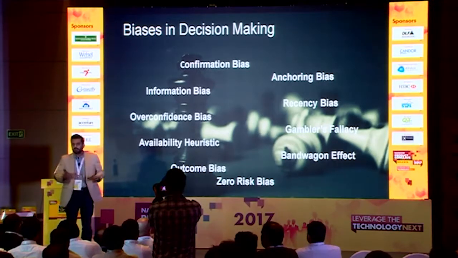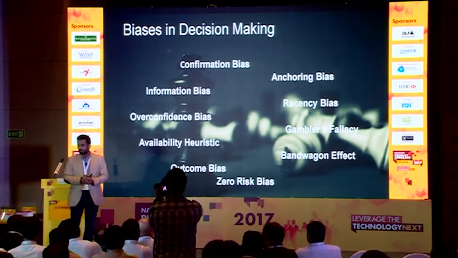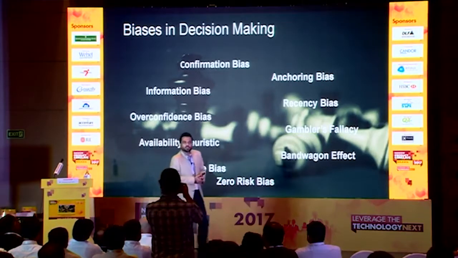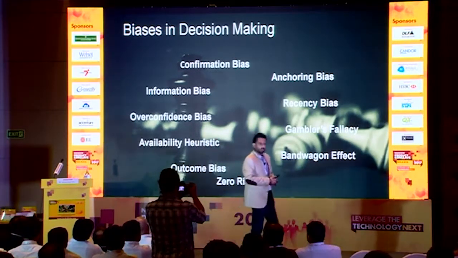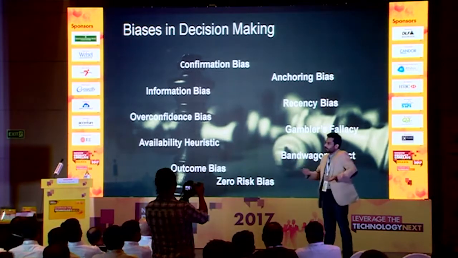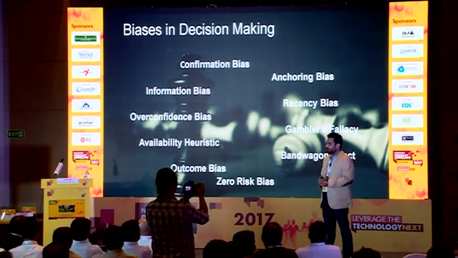So many biases go into our mind when we take any decisions. Now in product development, when you decide which feature to do, say you have 100 features to do. In 100 features, how do you decide which is the top feature? Which is number 2, number 3? We go with our knowledge, we go with what we feel is right. Isn't it?